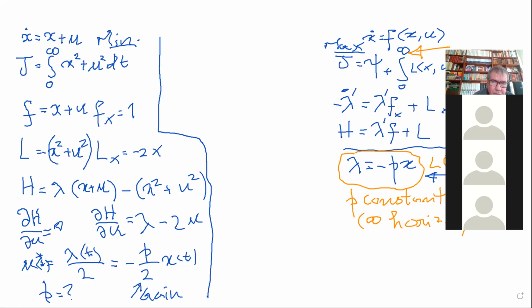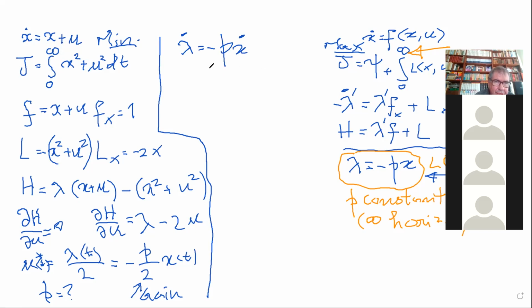The technique is this one. We know that lambda is equal to minus p x, so we differentiate: lambda dot is equal to minus p x dot, because since the horizon is infinity, p will be constant.